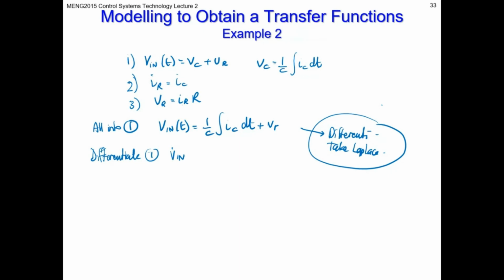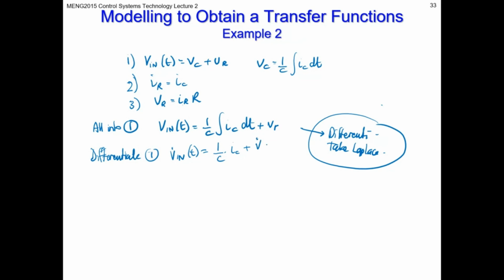So we're taking the first differential of our input. If we differentiate our capacitor expression, we just end up with 1 upon C times IC, because we've eliminated the integral.